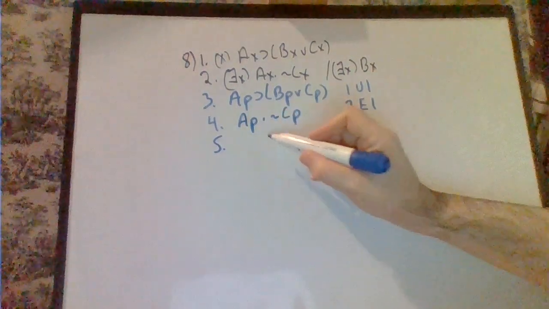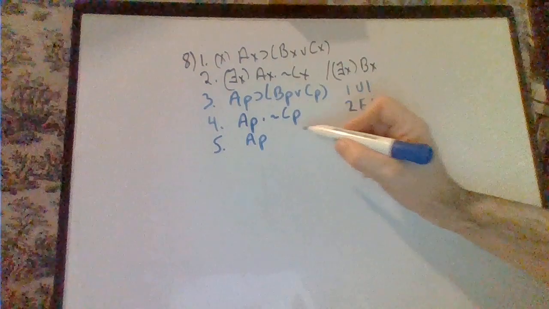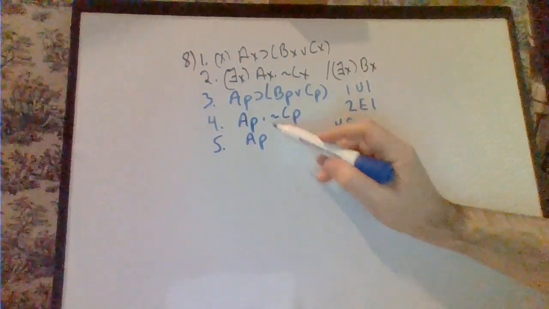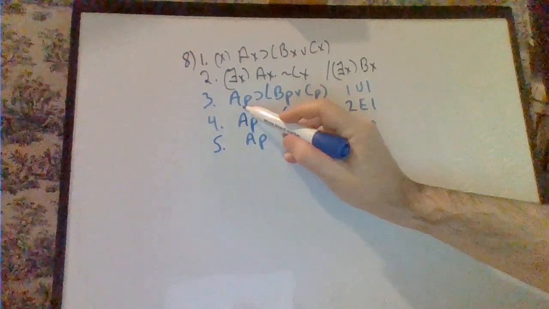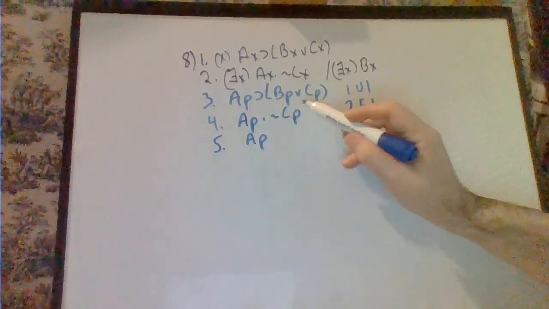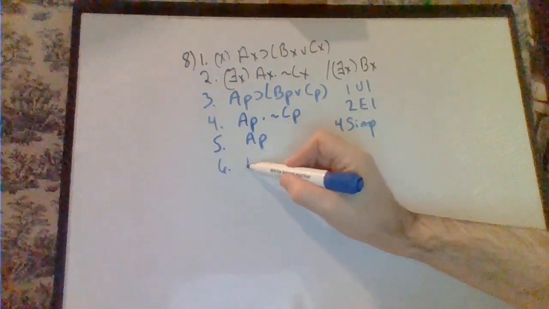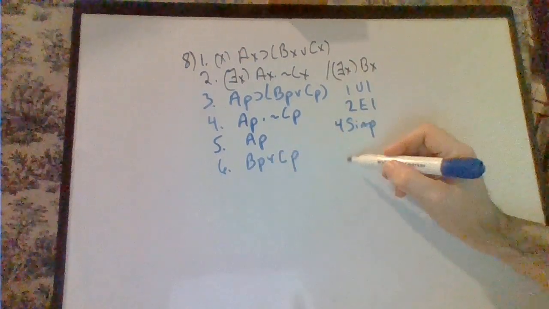I would start by simplifying AP and not CP to just AP, because that way you've got lines 3 and 5 that make a modus ponens. If AP, then BP or CP. AP, therefore BP or CP, like that.